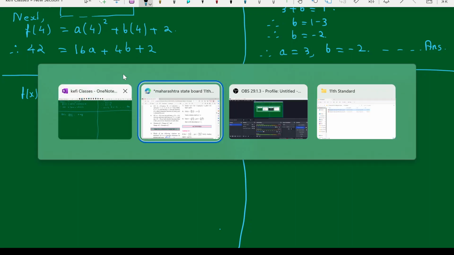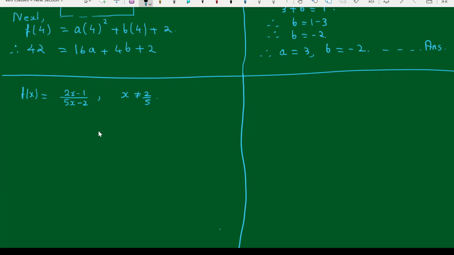You have to show that f of f of x is equal to x.